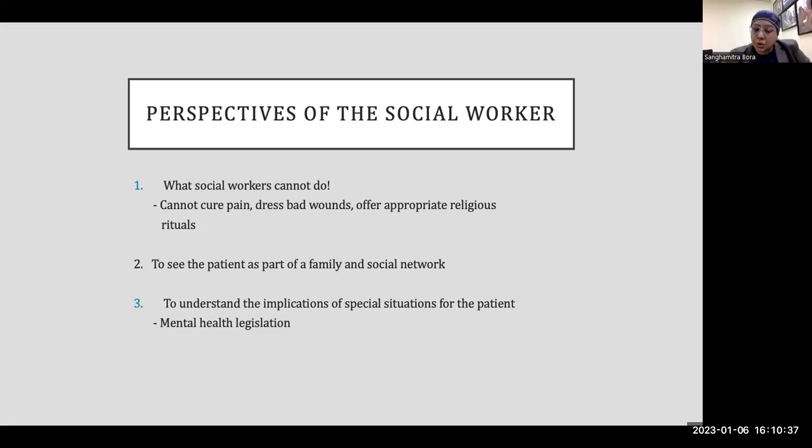So he has to understand the mental health legislation, the kind of help that this patient might require through a psychiatrist or a psychologist. So everything, the legislations that this country has for these kinds of special situations, must be understood by the social worker.